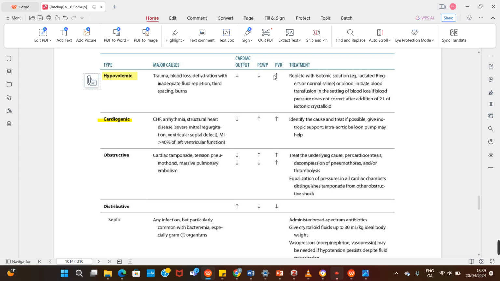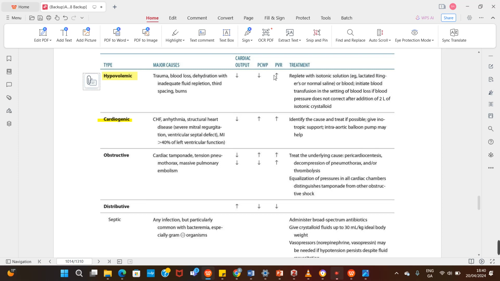So we have discussed 4 parameters now. We have talked about the cardiac output that will drop in hypovolemic shock because you have little blood returning to the right and left side of the heart, and hence, because of little blood returning to the right side of the heart, there's a drop in the central venous pressure or the jugular venous pressure. Because of little blood returning to the left side, there's a drop in the pulmonary capillary wedge pressure.